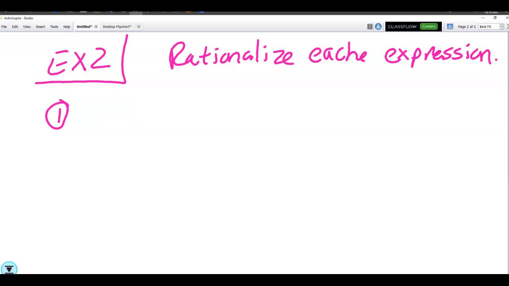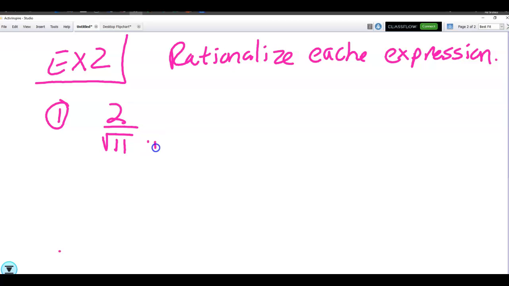Let's start with something simpler. Okay, so what don't I like here? I don't like that square root on the bottom. So I can change that from being a square root of 11 to just a normal 11 if I do what?